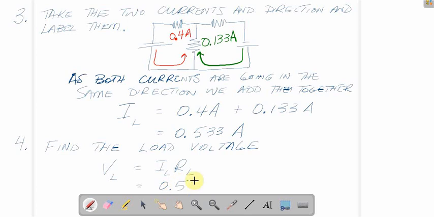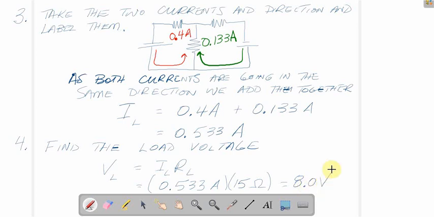So that's going to be 0.533 amps multiplied by the load resistor, which is 15 ohms. And that comes out to 8 volts.